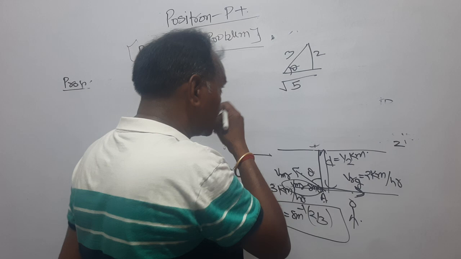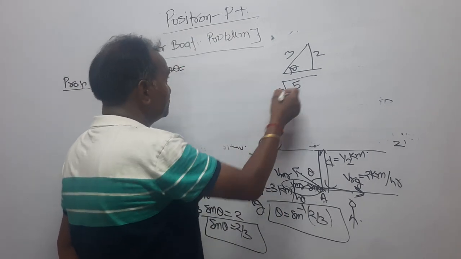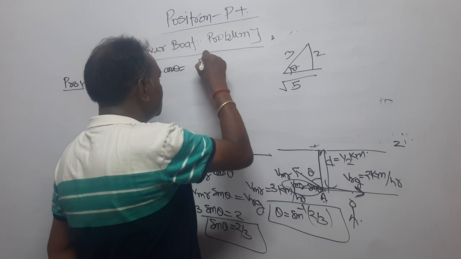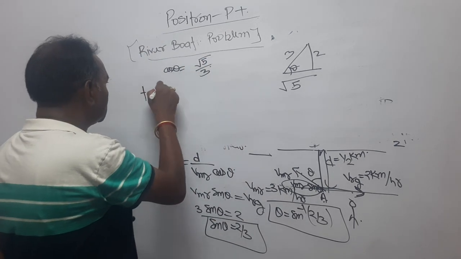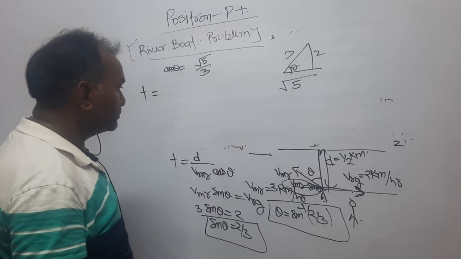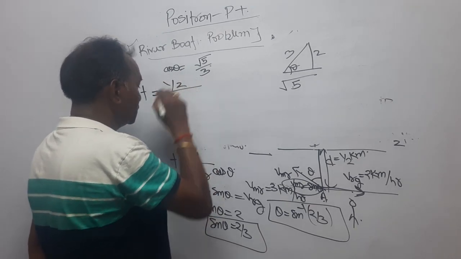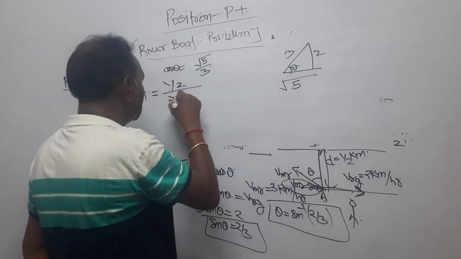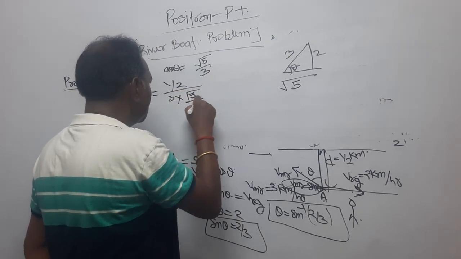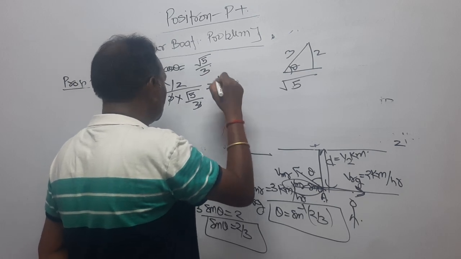So cos theta is equal to base upon hypotenuse, root 5 by 3. So time t is equal to d upon VMR cos theta. D is 1 by 2, upon VMR which is 3, into root 5 by 3. The 3 would be cancelled. So, 1 upon 2 root 5.